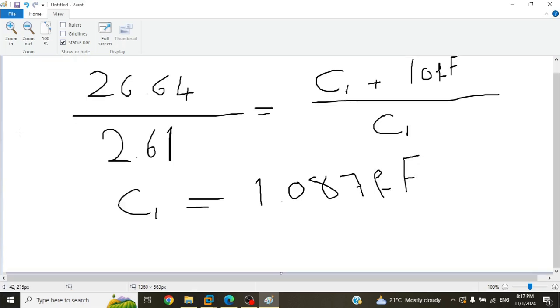So what is the capacitance we need to add to have an output signal of frequency 5 giga?